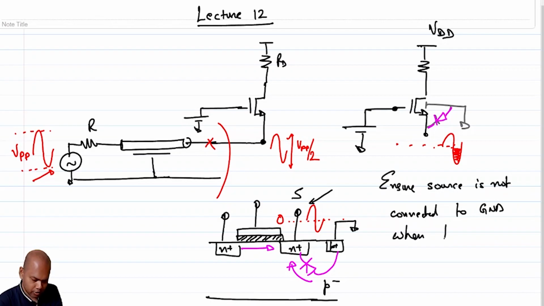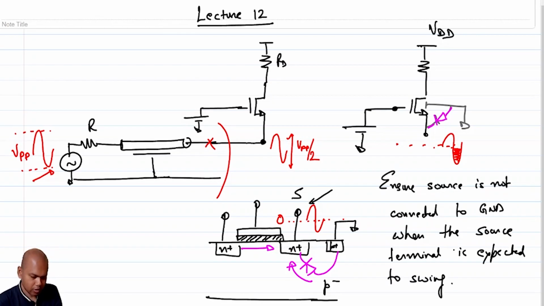when the source terminal is swinging, is expected to swing. Okay, is not connected to quiescent ground, right?